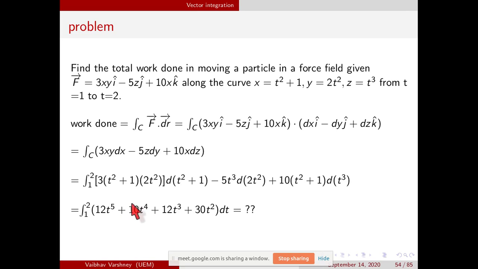I think my second term is not correct. I don't know whether this is correct or not. Just check it one time and let me know.